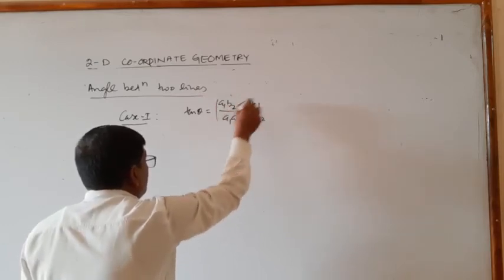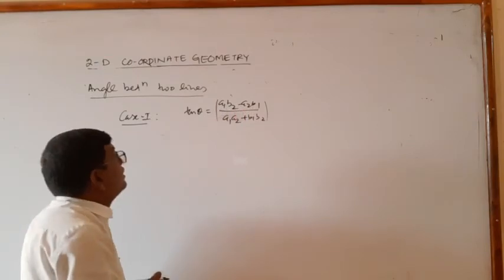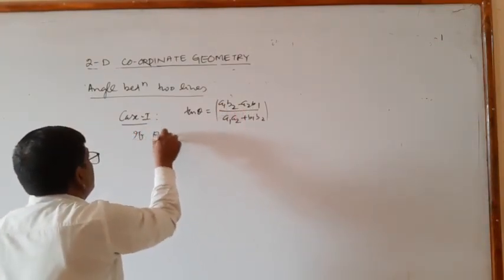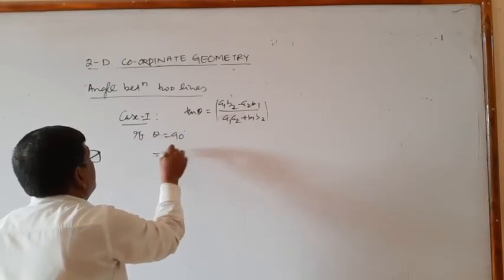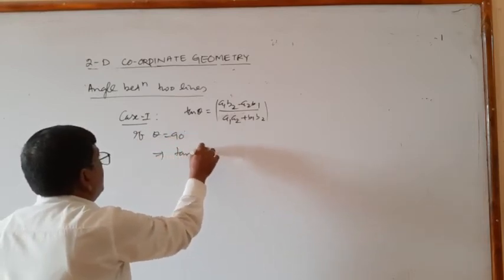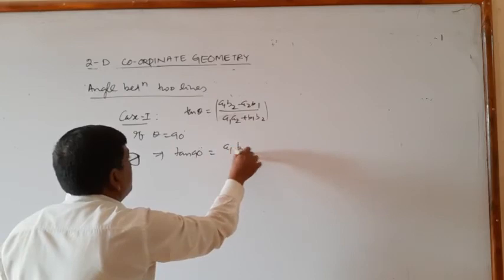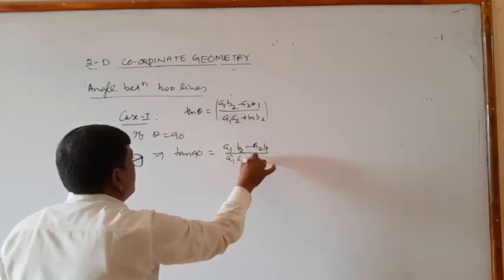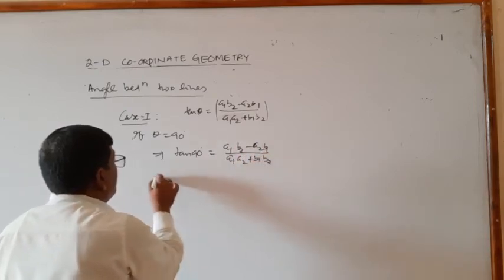This is the formula to find the angle between two lines. If theta is equal to 90 degrees, that implies tan 90 is equal to a1 b2 minus a2 b1 divided by a1 a2 plus b1 b2. Tan 90 means what?